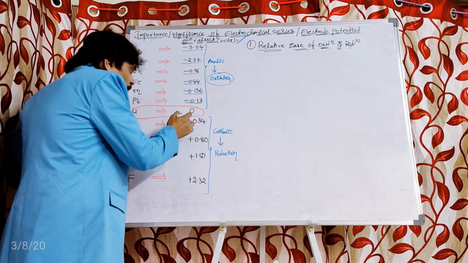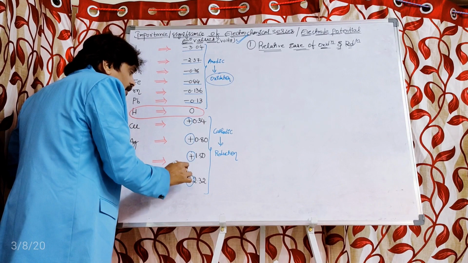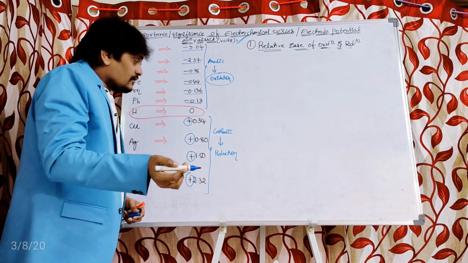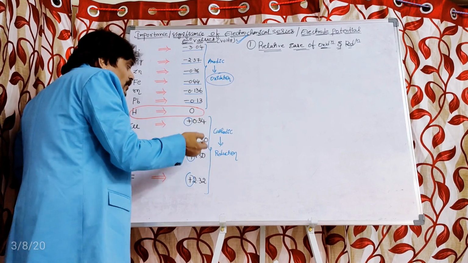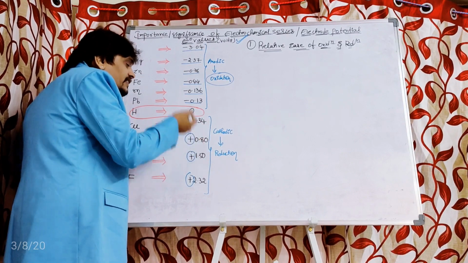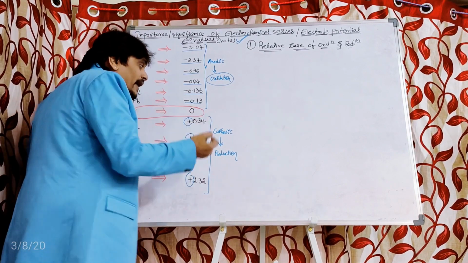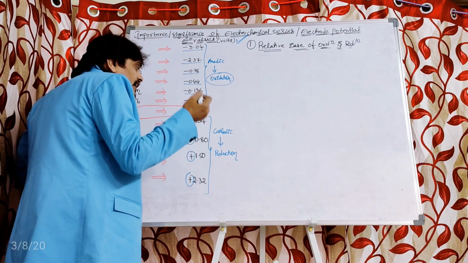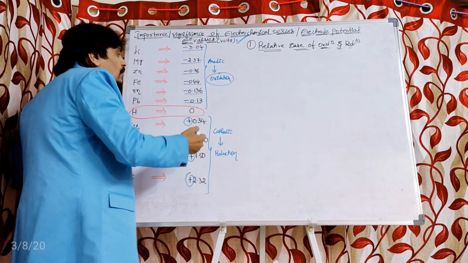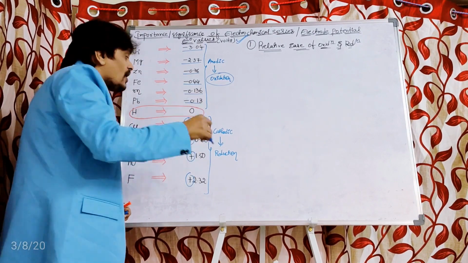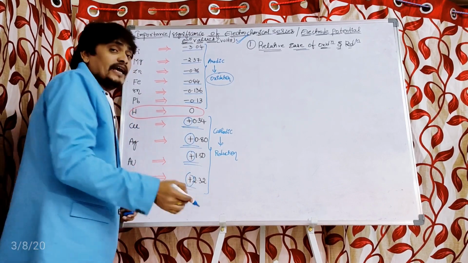When they acted as cathode and underwent reduction, the positive value is associated with them. So already they are positive. There is no need for them to act as anode and undergo oxidation, because their value is already positive. So they are in a stable form.